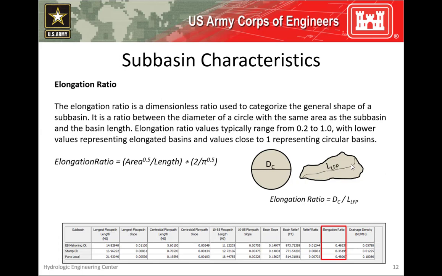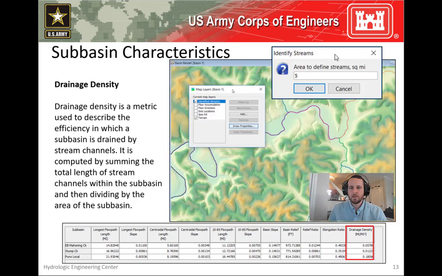And in HMS, it uses the longest flow path length as an estimate of subbasin length. An elongation ratio close to 1 would indicate a perfectly circular subbasin, whereas an elongation ratio of, let's say, 0.2, well, that would indicate an elongated subbasin shape.